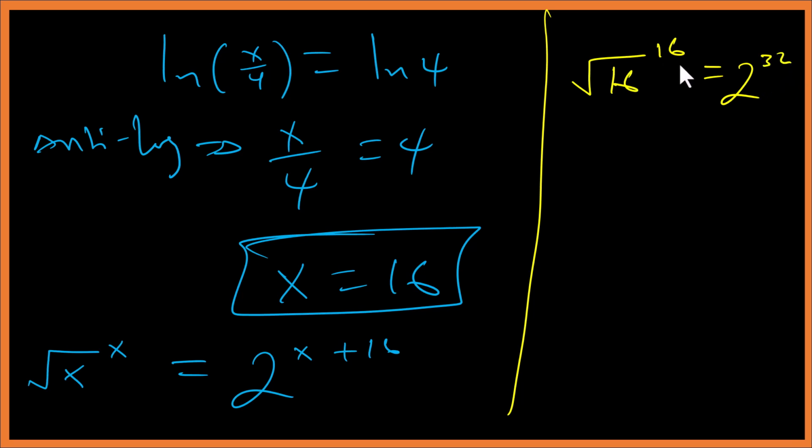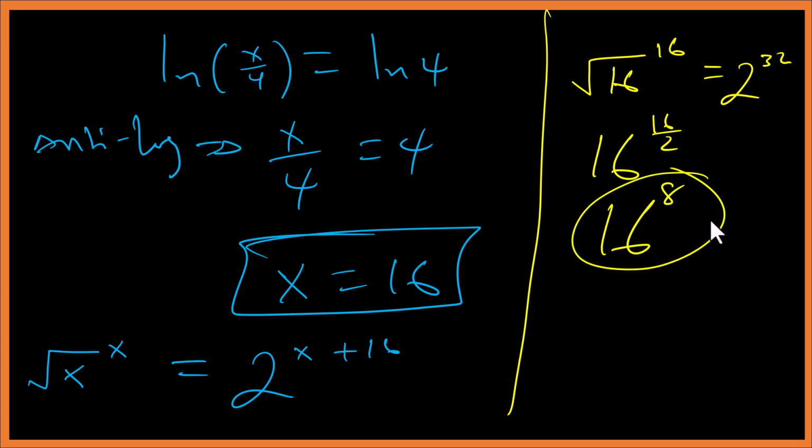So this side is the same as 16 raised to 16 on 2, so 16 to the power 8, which is the same as 2 to the power 32. Alright, so that's that. You can verify on the calculator.